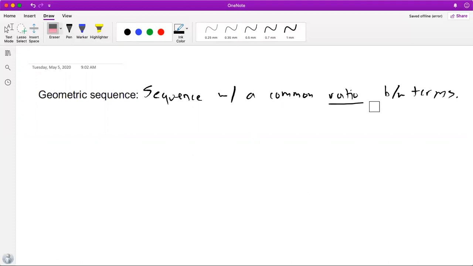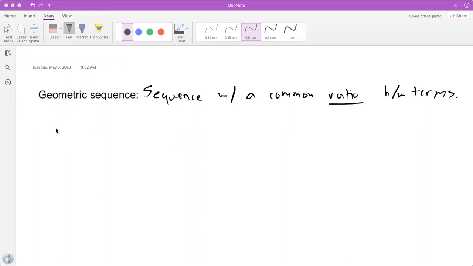What that means is that instead of adding or subtracting something to get from one term to the next, you're going to multiply or divide something to get from one term to the next. I think of it all as multiplication. If you divide by 3, I think of that as multiplying by a third.